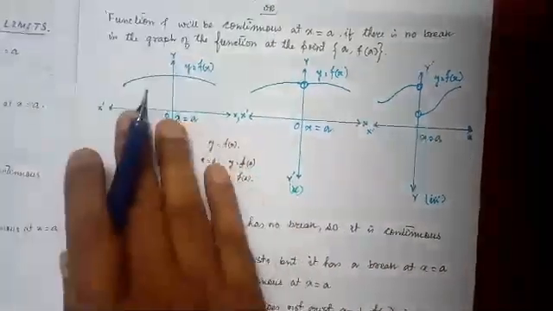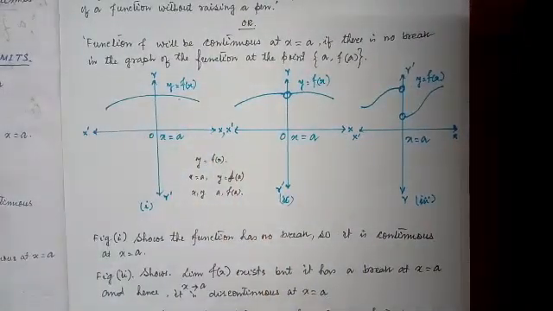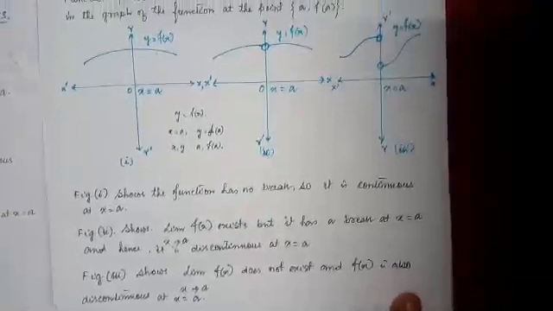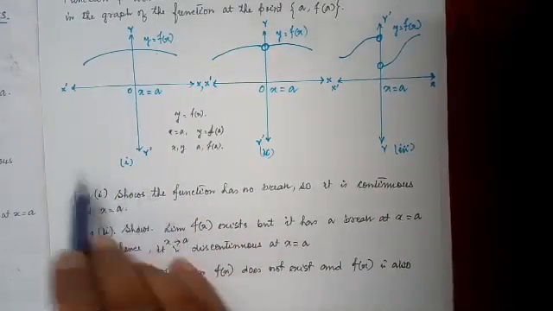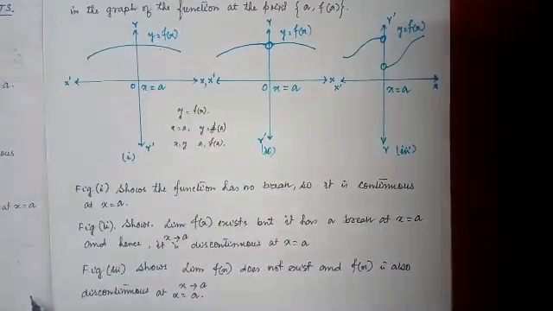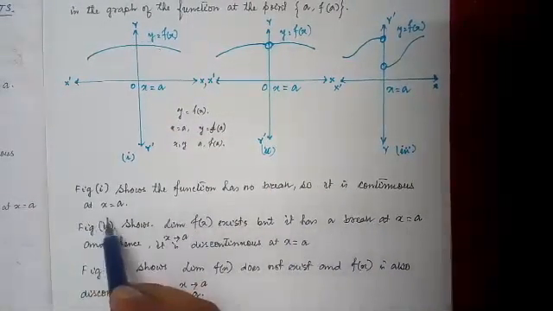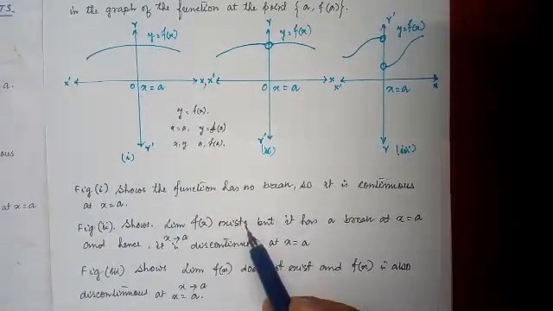Now there are three graphs I have drawn. Figure 1 shows the function has no break, so it is continuous at x is equal to a.